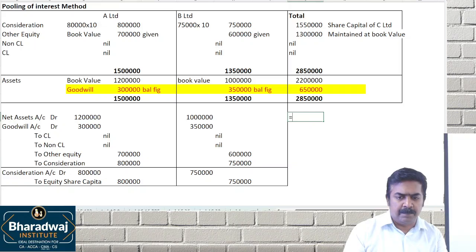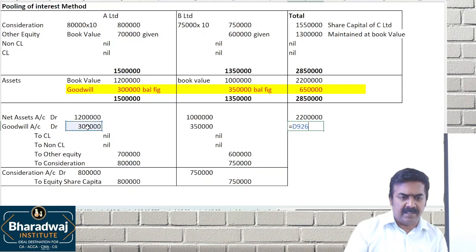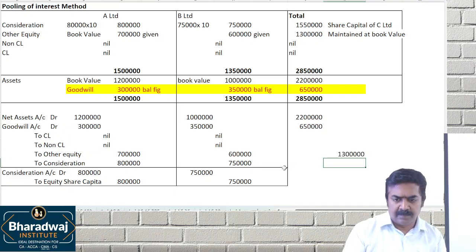You can combine and pass the entry also. 12 lakhs plus 10 lakhs, 22 lakhs. This goodwill will be 3 lakhs plus 50,000. To other equity will be 7 lakhs plus 6 lakhs.